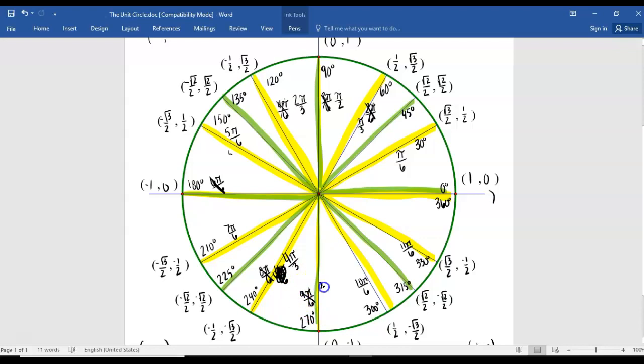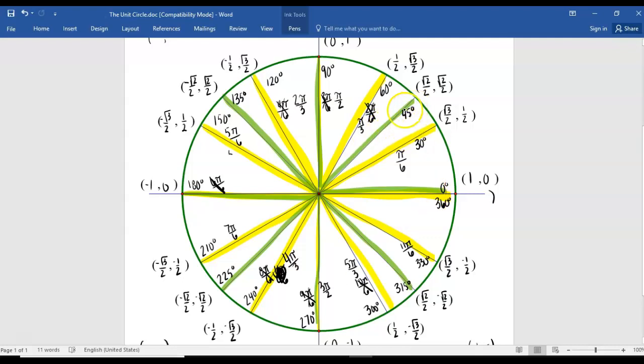So that's going to give me 3 pi over 2. And 10 pi over 6. That will reduce. That's going to be 5 pi over 3.